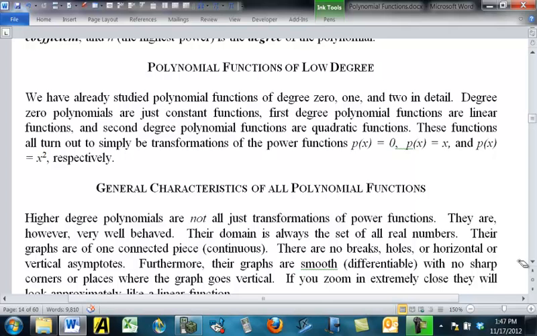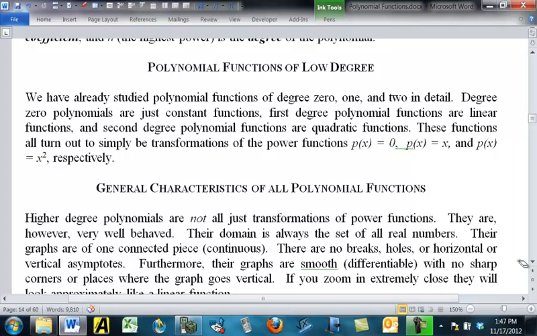Well, it turns out that we've also done power functions where it's y equals x to the n power for some different numbers n, and of course those are polynomials if n is a natural number. Well, all constant functions, degree 0 polynomials, are just vertical shifts of y equals 0.